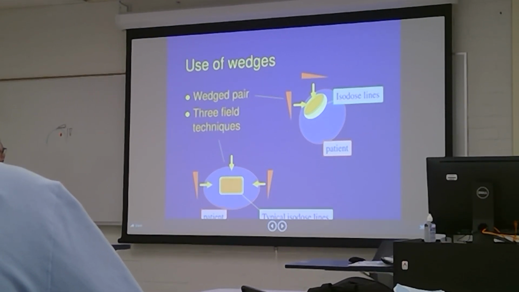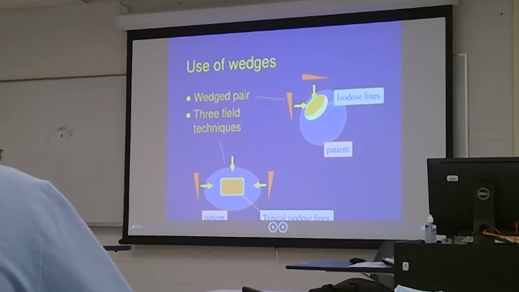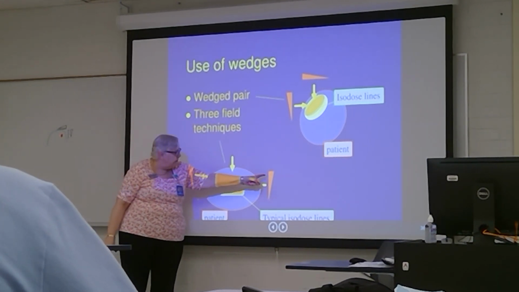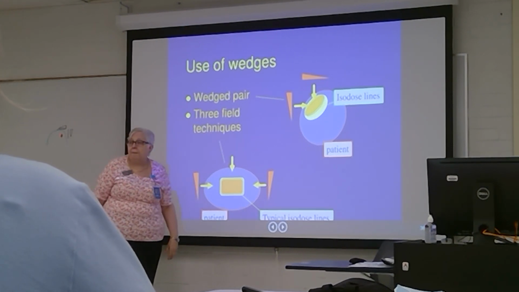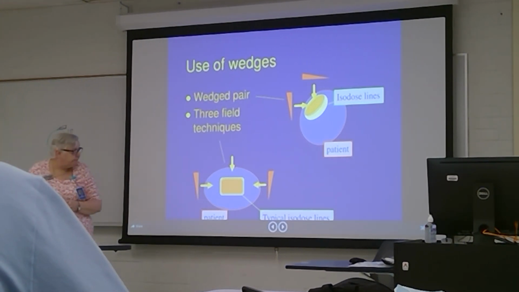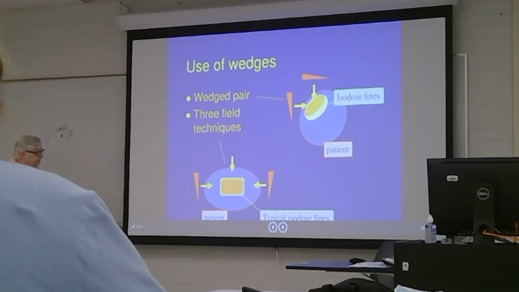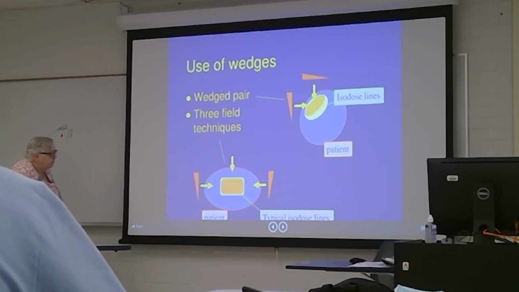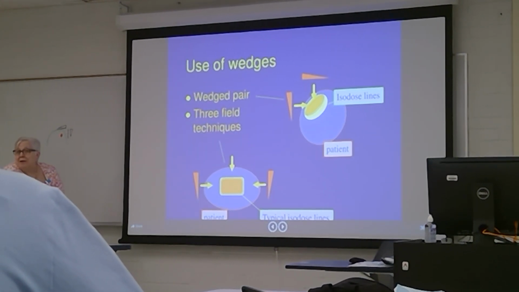So we've got two laterals and an AP. You notice where the wedges are. Thick ends, anterior. Why? Is it because of overlap from the AP dose? No, it's not actually.